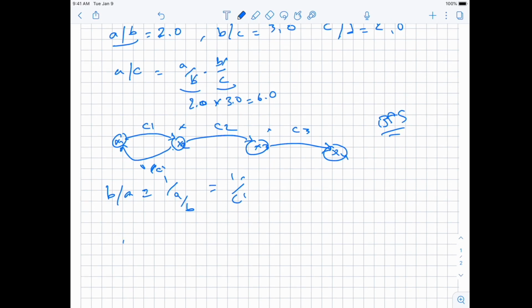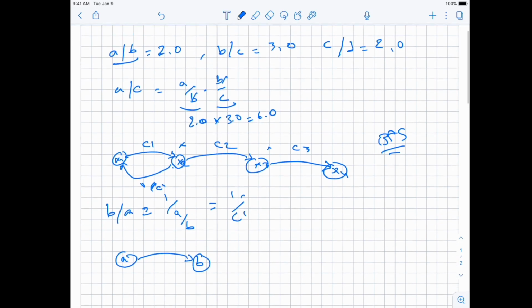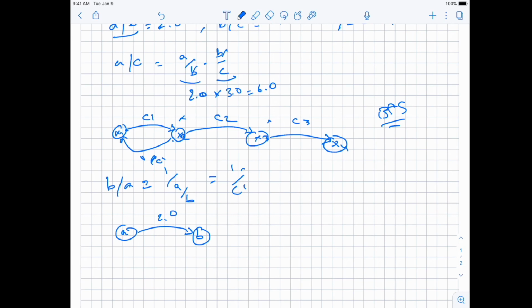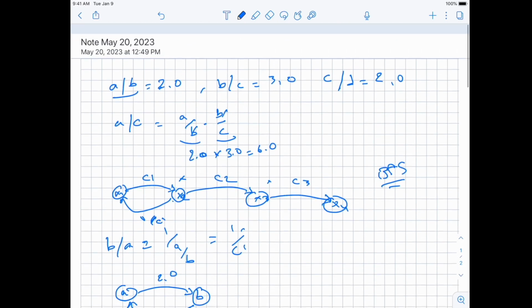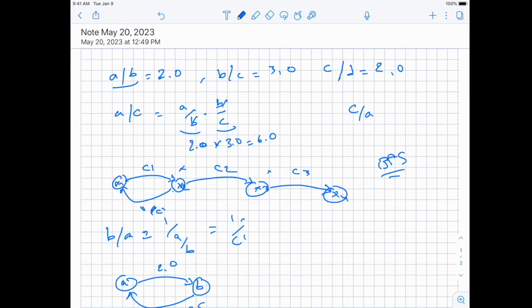Here, since we have an edge from A to B with a cost of 2.0, we'll create another edge from B to A with the cost 1 divided by this cost, which is 2.0, so basically 0.5. And we'll do this for every equation. That way, even if there was, let's say, c divided by a, this is just the cost of a divided by c.